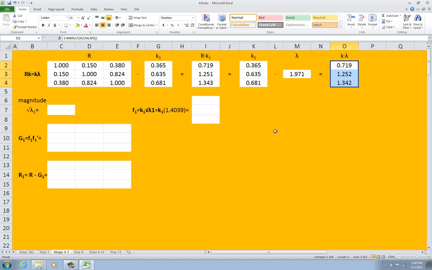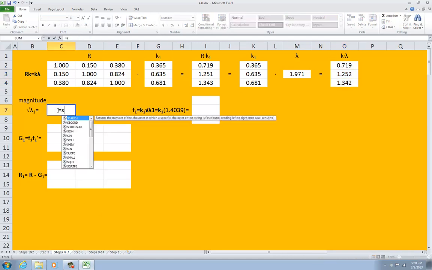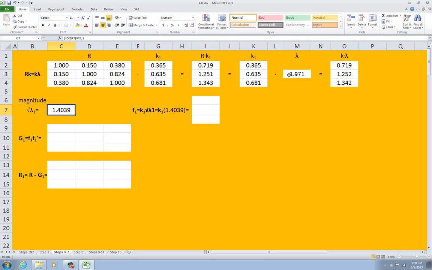Now for step 5, the eigenvalue for the first factor is therefore found to be 1.971, and the corresponding desired magnitude for the first factor is the square root of that, square root of lambda. As we can show here, square root of lambda is 1.4039.